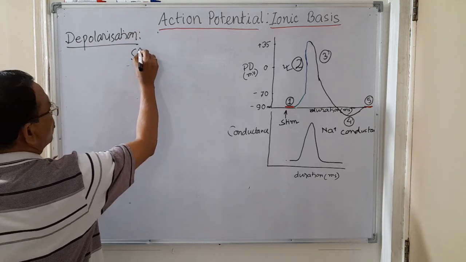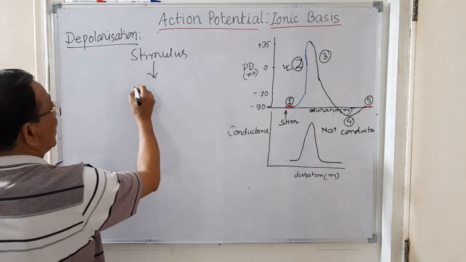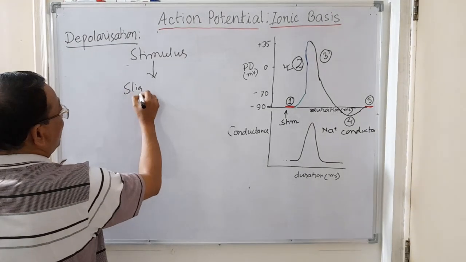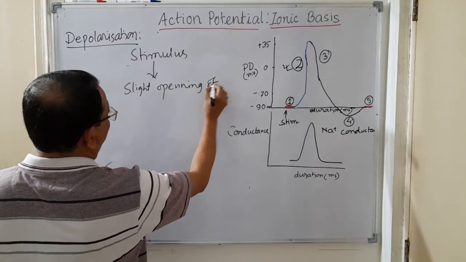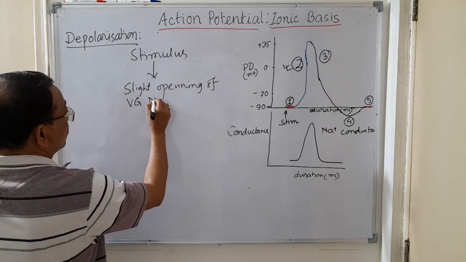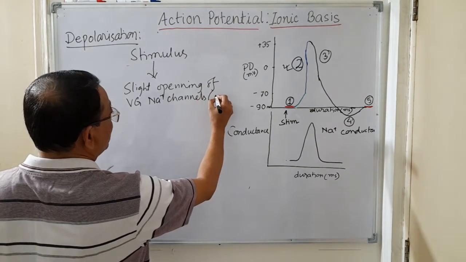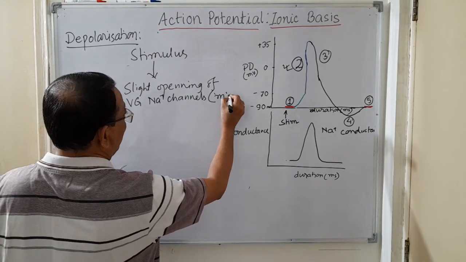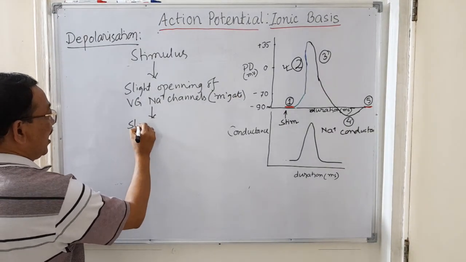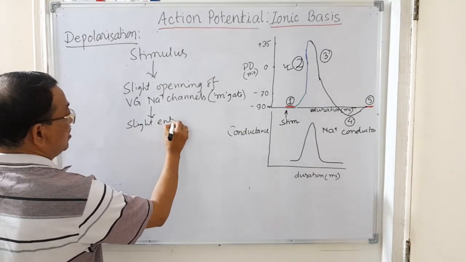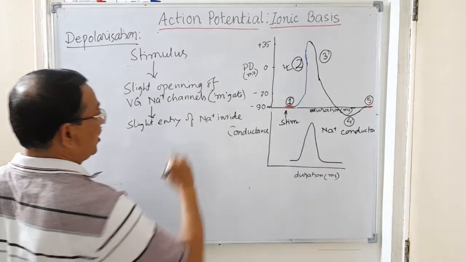In response to a stimulus of threshold intensity, as I told, there is a slight opening of the voltage gated sodium channels, through the M gate, and thereby there is a slight entry of sodium ion inside.